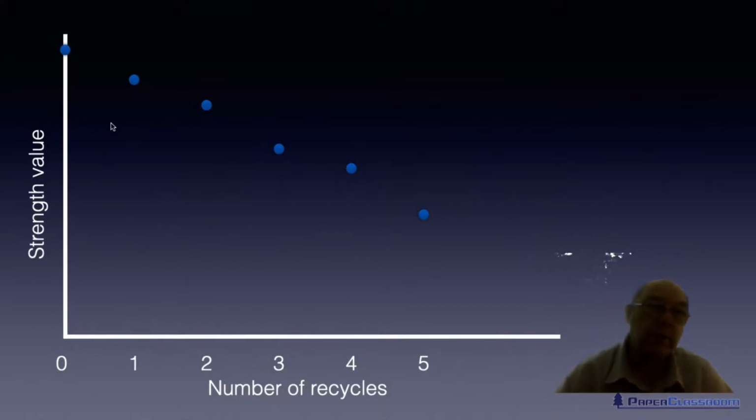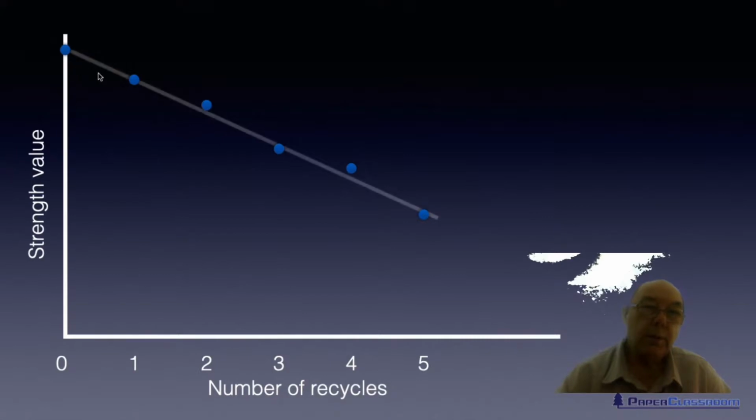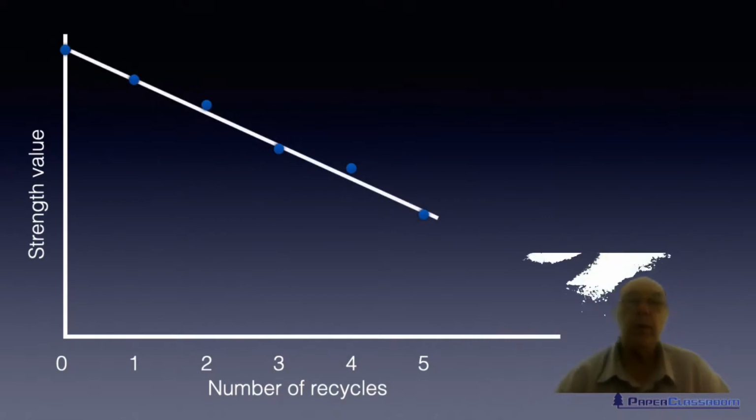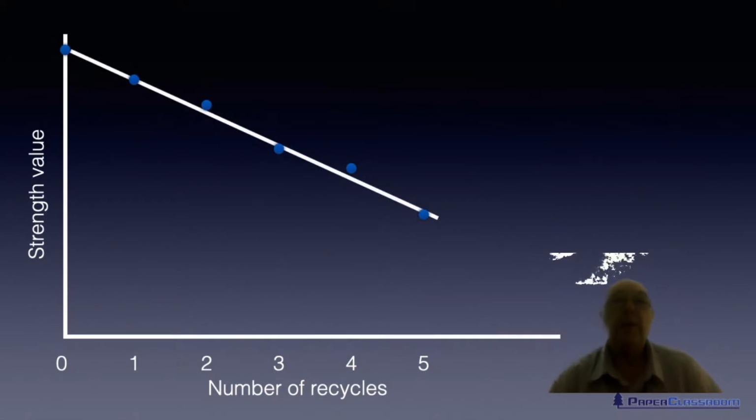He found that the more times you recycle it, the poorer the strength of the sheet. Well, we all know that's true. But the question is, why? Why does the strength go down? He measured the strength of the fibre, and look at that. Very little change in the strength of the fibre.